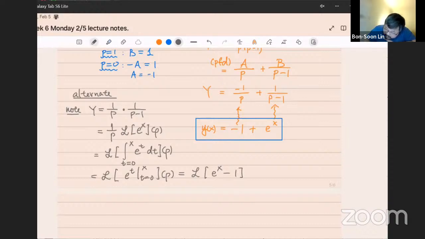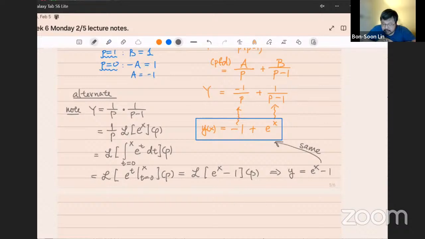Okay. Of p. And immediately we see we have the answer, right? Because Y is the Laplace transform of e to the x minus 1. So therefore little y, which transforms to big Y, is e to the x minus 1, which is exactly what we got. So again, multiple ways to do the same thing.